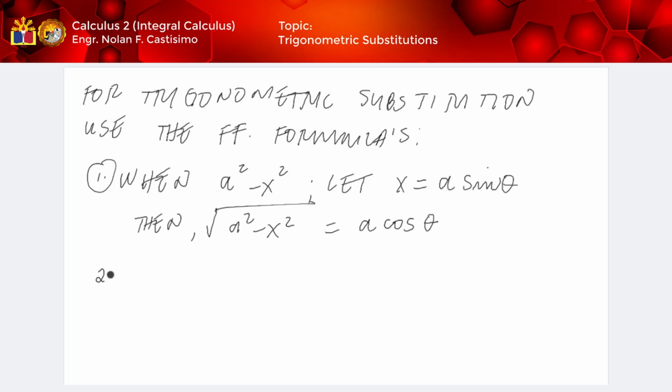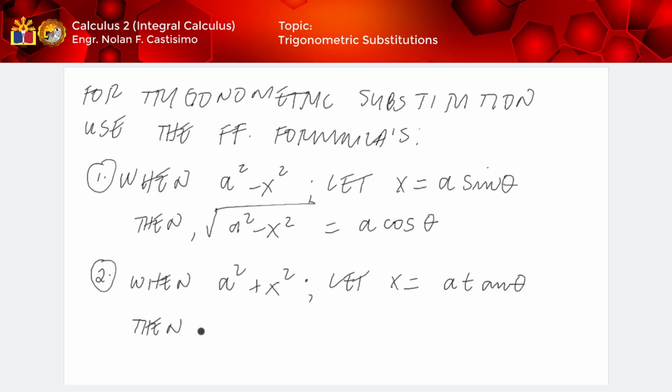Number 2, when a squared plus x squared, let x be equivalent to a tangent theta. Then, square root of a squared plus x squared is equivalent to a secant theta.